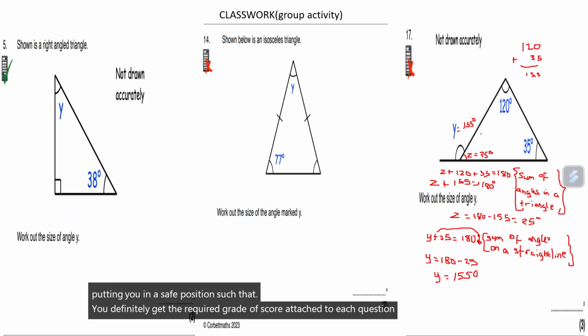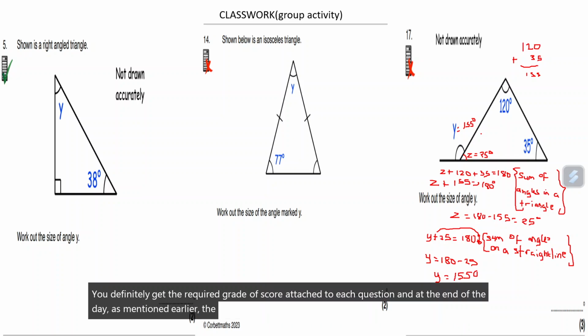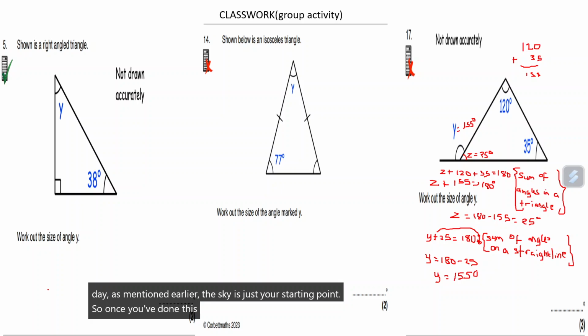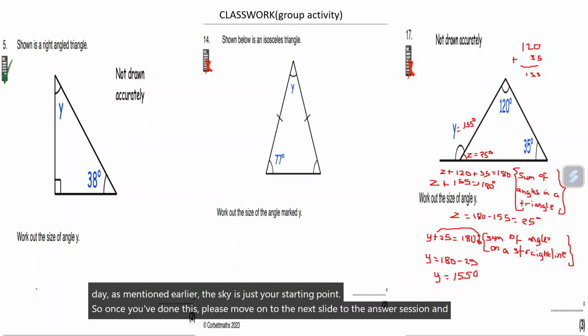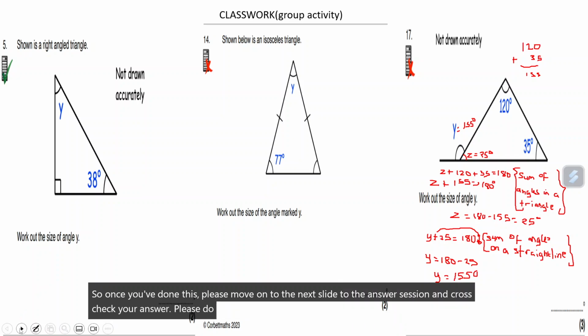And at the end of the day, as mentioned earlier, the sky is just your starting point. So once you've done this, please move on to the next slide, to the answer session, and cross-check your answer. Please do that honestly.